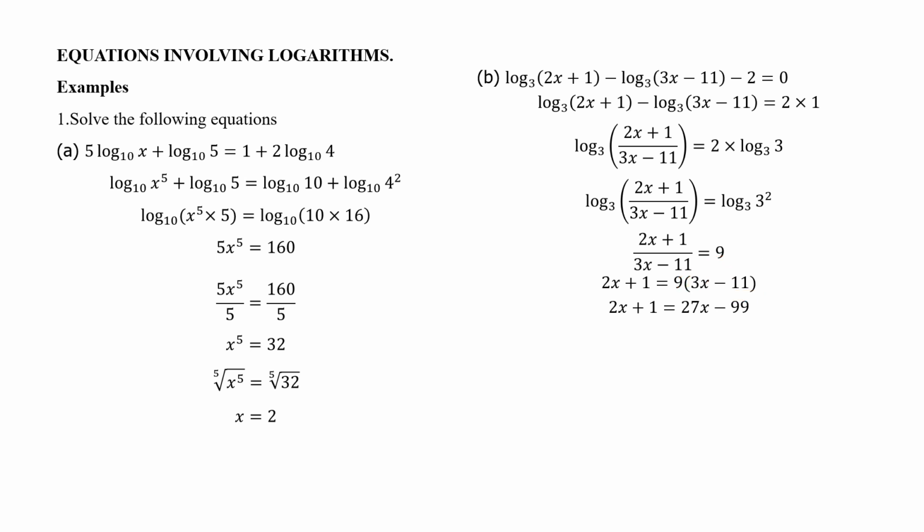We collect like terms, we can bring the 2x this other side of the equation. The minus 99, we also take it the other side of the equation. It is minus, therefore when it crosses equal sign, it's going to become a positive. So that is the 1 plus the 99. The 2x this side was a positive.